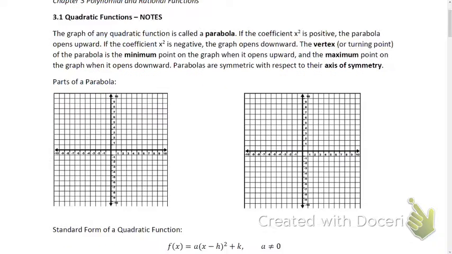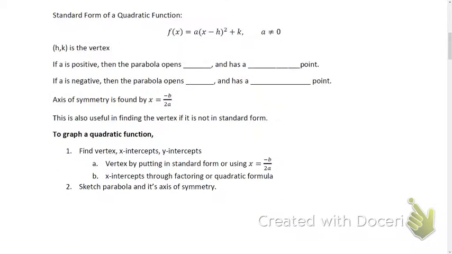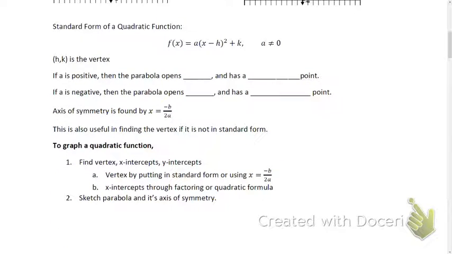We looked in greater detail at this specific type of form. Our textbook, for some reason, I don't know why, they call it standard form, this right here. But I call it vertex form because if it's written like that, you can see what the vertex is right off the bat.